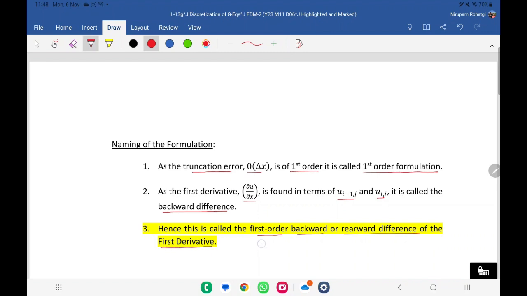And this is the finite difference method or finite difference formulation. What have you done? In these cases, you have converted the derivative into approximate algebraic equations. Derivatives are gone.